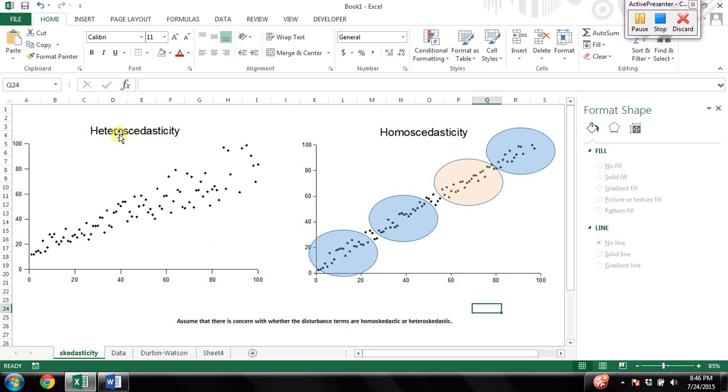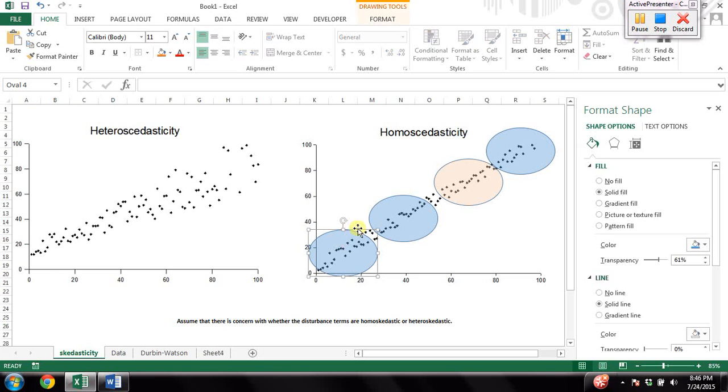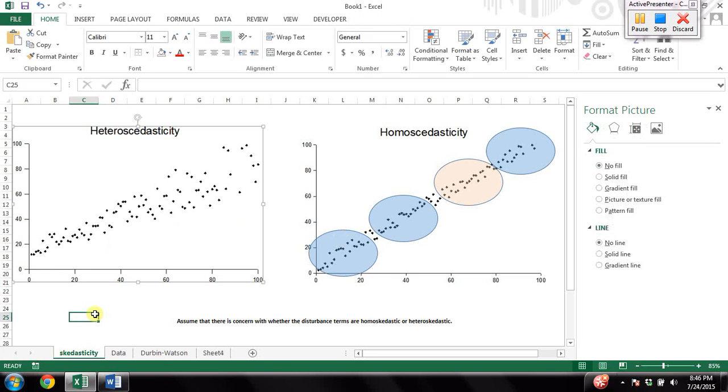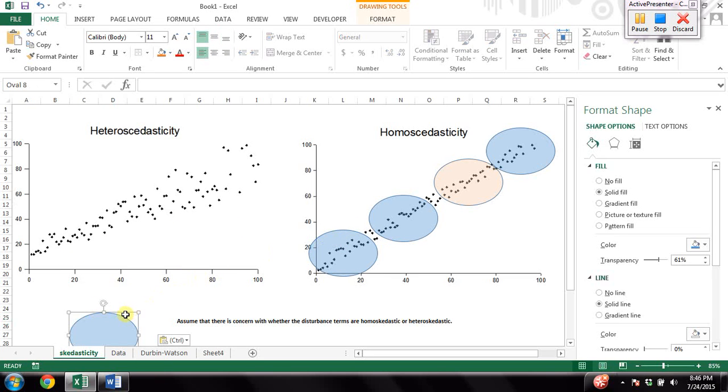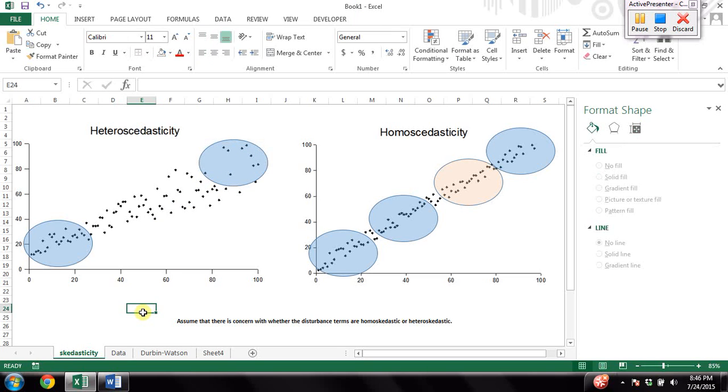Now let's take a look at heteroscedasticity. Let's again apply the circles. So let's look. There's data that's very, very close, data that's a little bit far away. It's pretty similar to this circle here.